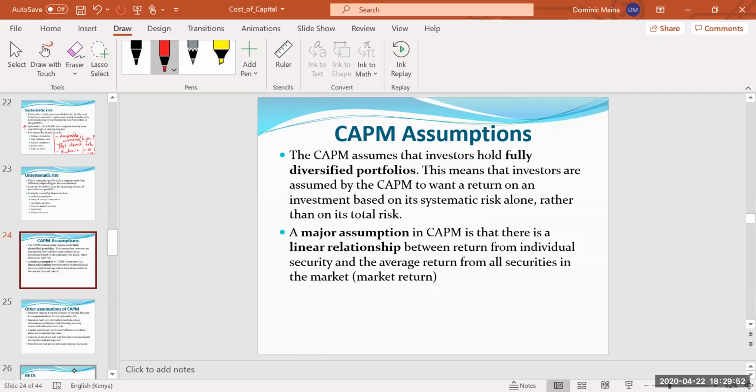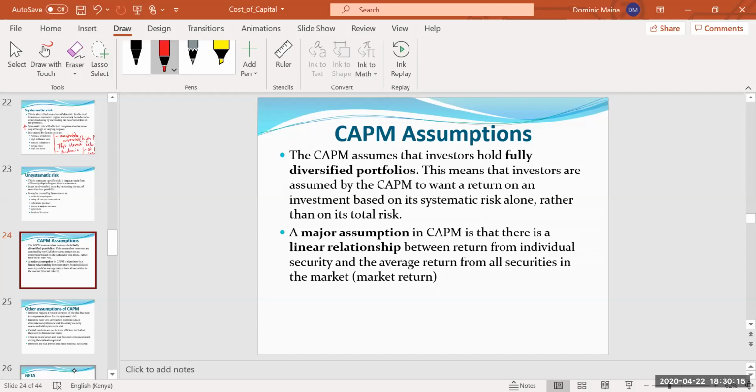And here we mean only the systematic risk, not the unsystematic risk. Those are the two core assumptions. The first is that the investor holds a well diversified portfolio. The other is the element of linearity.